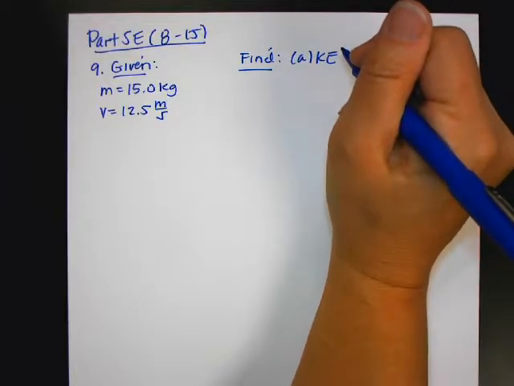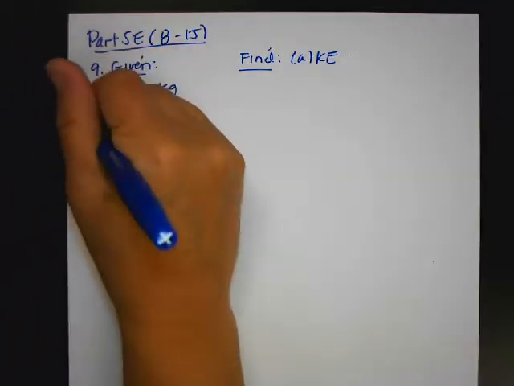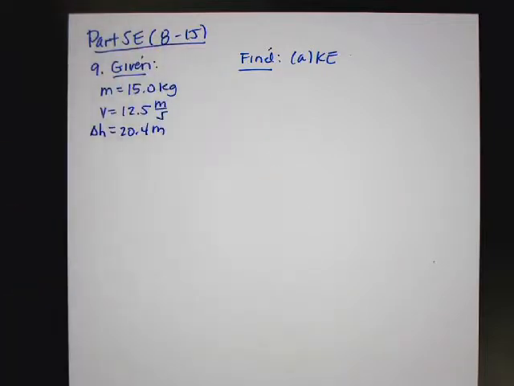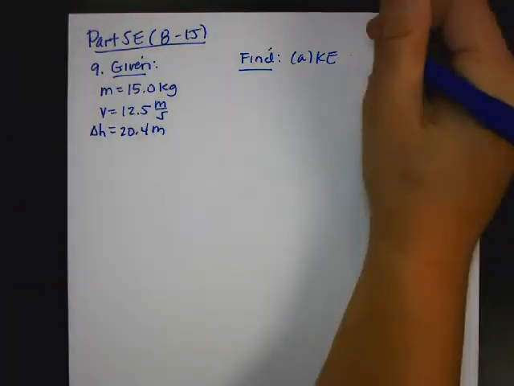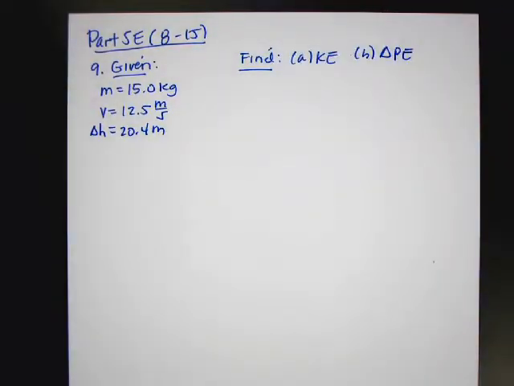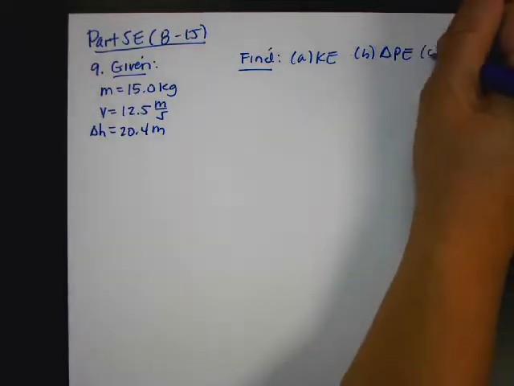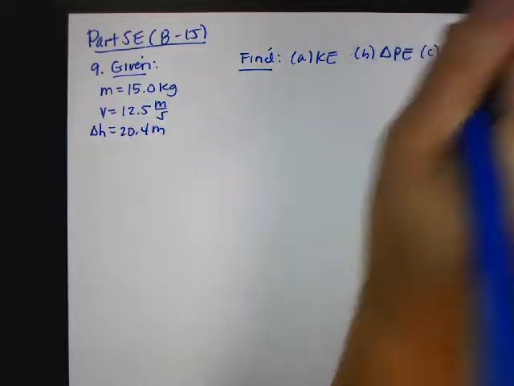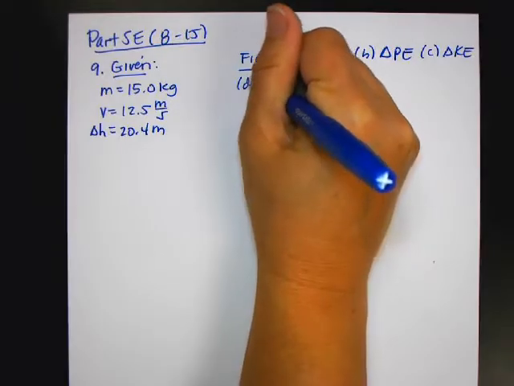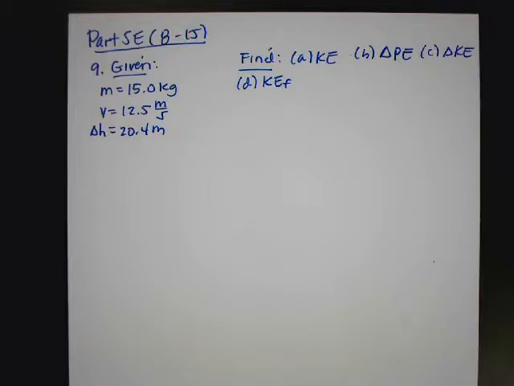So I'm not really sure where it started from, but the change in the height is equal to 20.4 meters. How much potential energy did it lose? So I want to find the change in the potential energy. C, how much kinetic energy did it gain? So I want to find the change in kinetic. What is the new kinetic energy? And then neglecting friction, what's the new horizontal velocity?